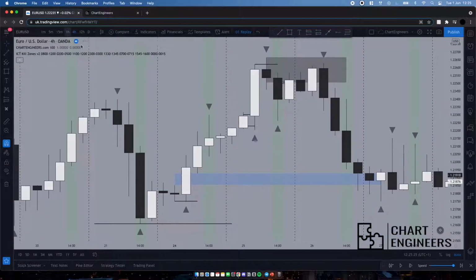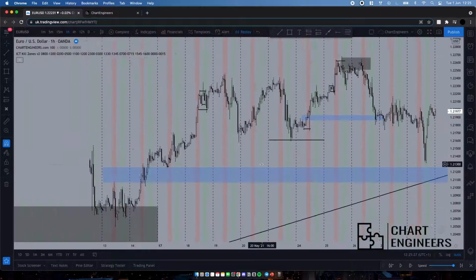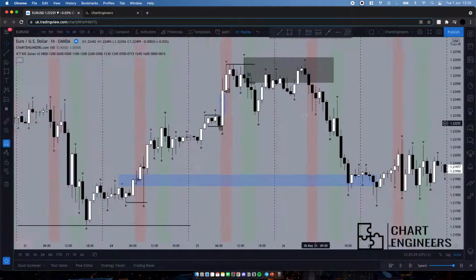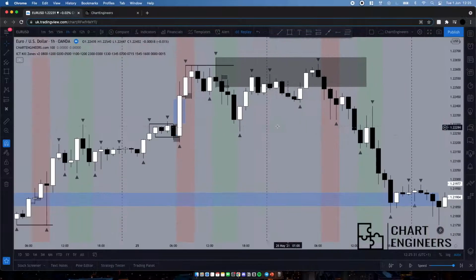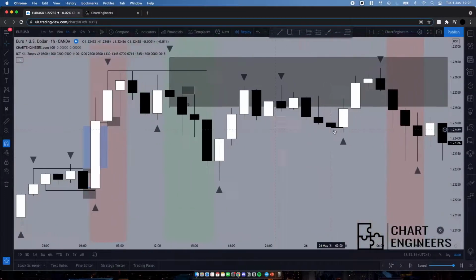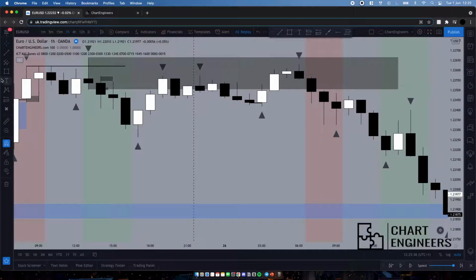And on the H1, we are also in this H1 breaker zone, but in the morning I was still bullish, and I marked out this FVG over here.